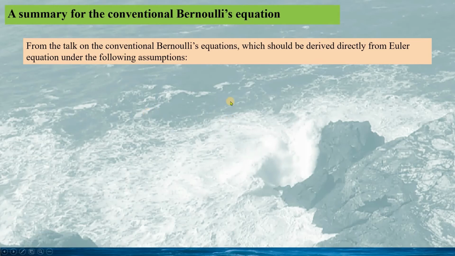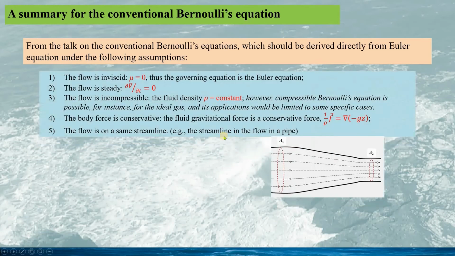So from the conventional Bernoulli's equation, we can see we have applied the following assumptions. The flow is inviscid, so the corresponding governing equation is the Euler equation. The flow is steady, so the partial differentiation of the velocity vector with regard to time is zero.